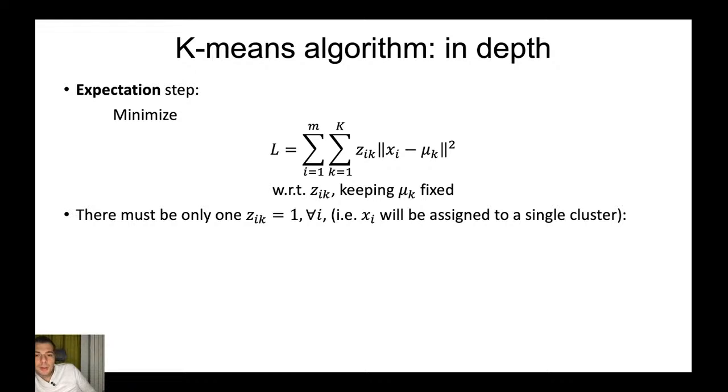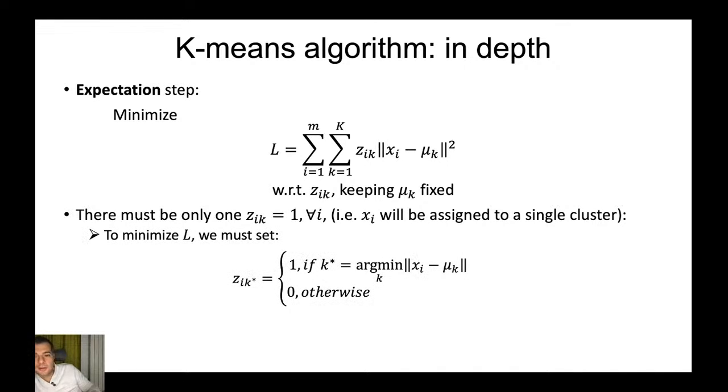So recall that there must be only one z of i and k equal to 1 for all the i's. So this means that xi will be assigned to a single cluster.